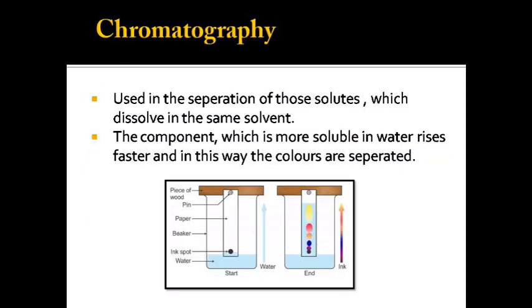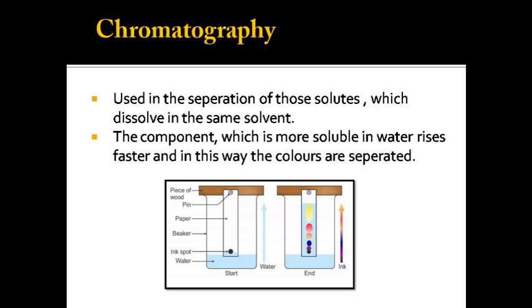The next separation method is chromatography. It is used in the separation of those solutes which dissolve in the same solvent. The component which is more soluble in water rises faster, and in this way the colors can be easily separated.